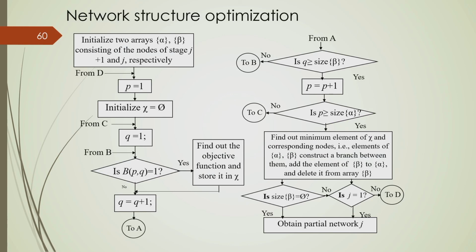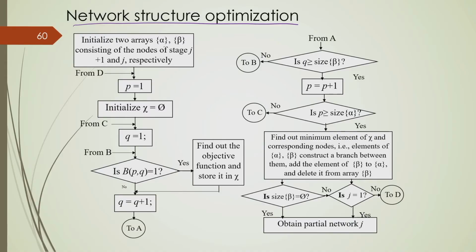This is the flow chart of network structure or network topology optimization in order to find out the routes of individual lines or feeder branches. In order to understand this flow chart, one needs to go through this paper, which is published in an Elsevier journal, that is IJEPES, International Journal of Electrical Power and Energy Systems.